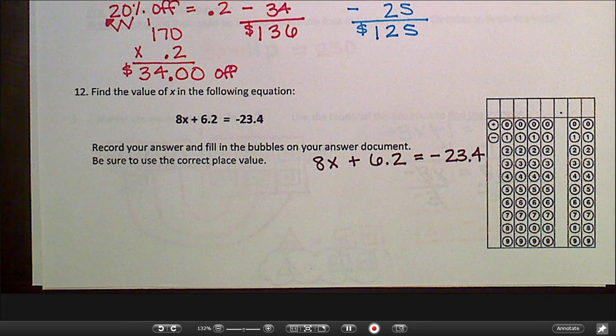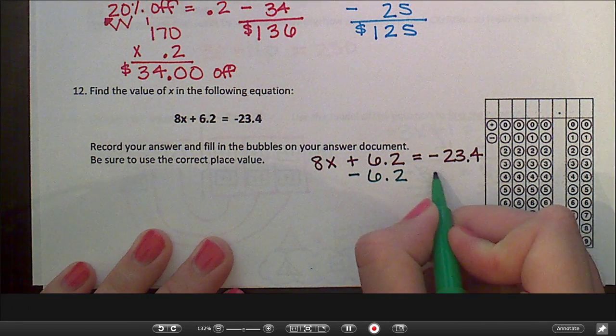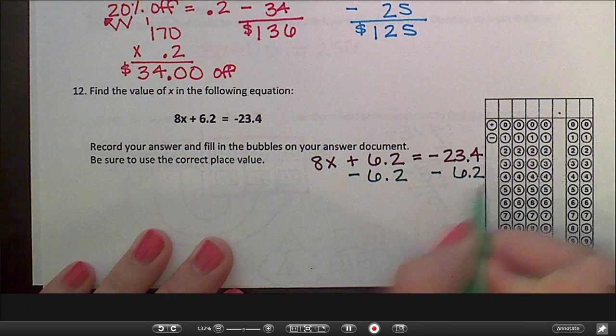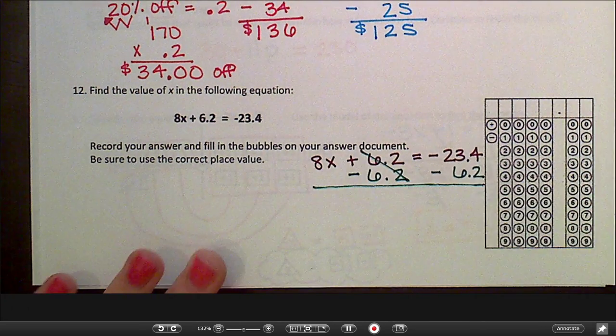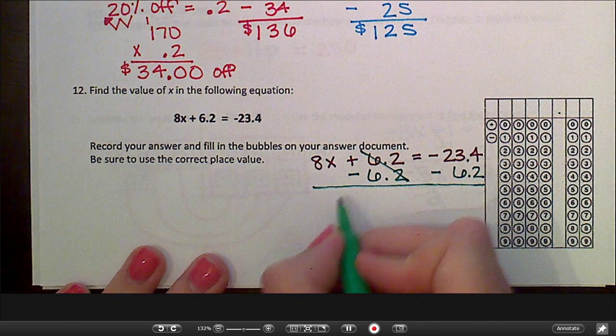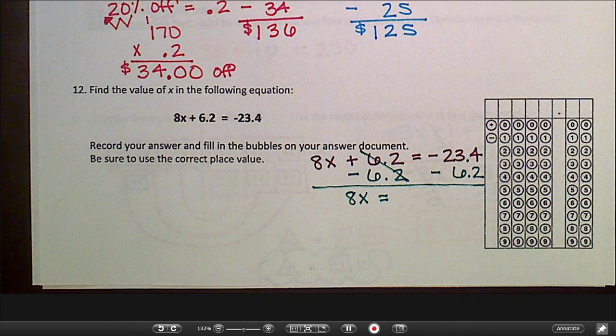The first thing I want to do is get rid of plus 6.2. So I'm going to say minus 6.2 on both sides. Those cancel out. And now I have 8x equals, okay.